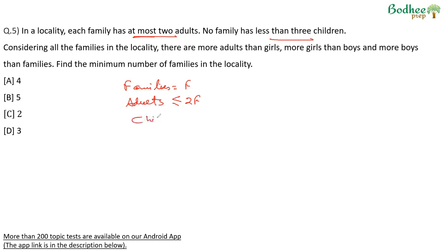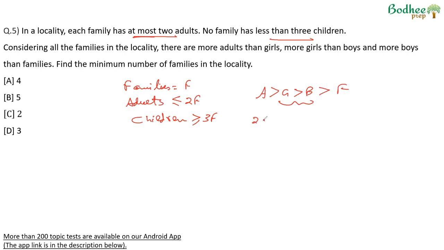Children will be greater than or equal to 3f, because no family has less than 3 children, 3 or more. Considering all the families in the locality, there are more adults than girls, and more girls than boys. Girls plus boys will be the number of children. Find the minimum number of families in the locality.